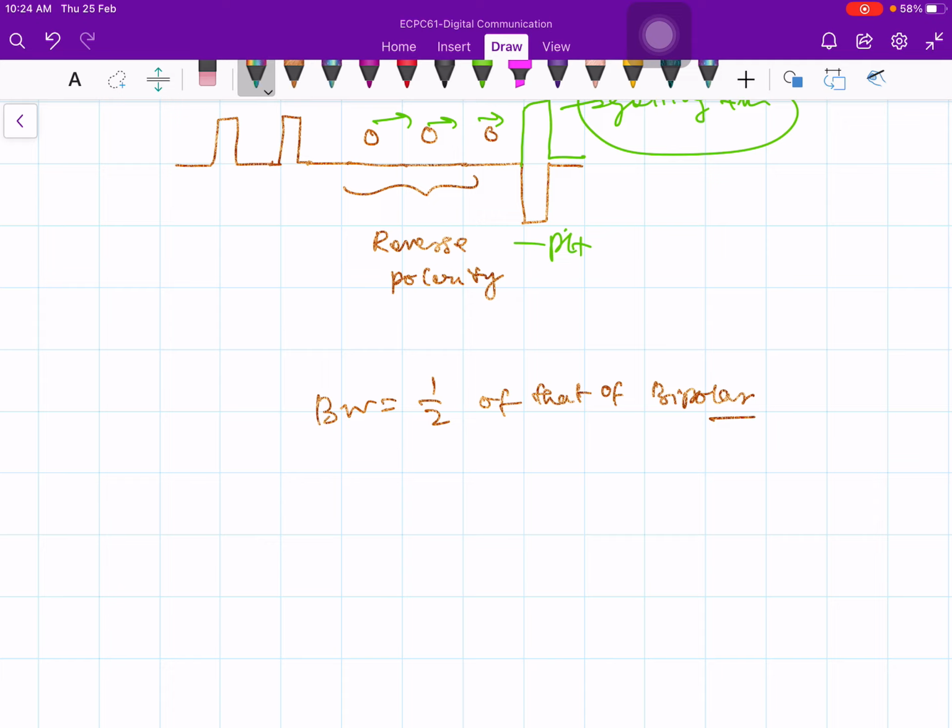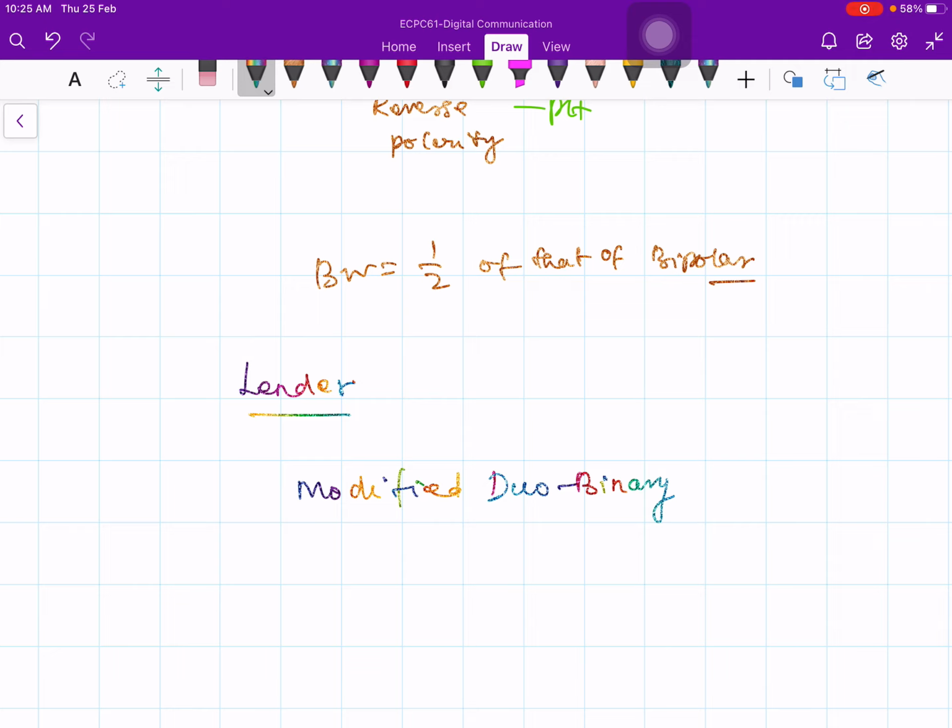Now, later Lender, if you remember, Lender was the person who introduced the duobinary scheme. He himself came up with a so-called modified duobinary scheme, which eliminates the disadvantage that duobinary has with respect to bipolar.